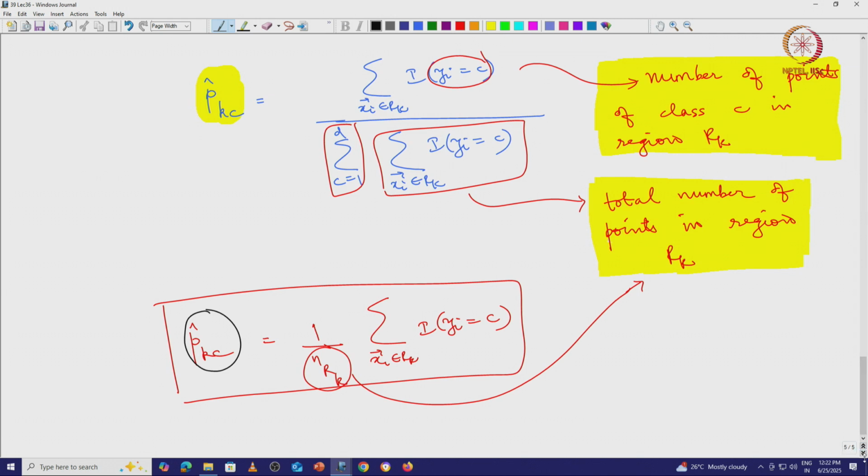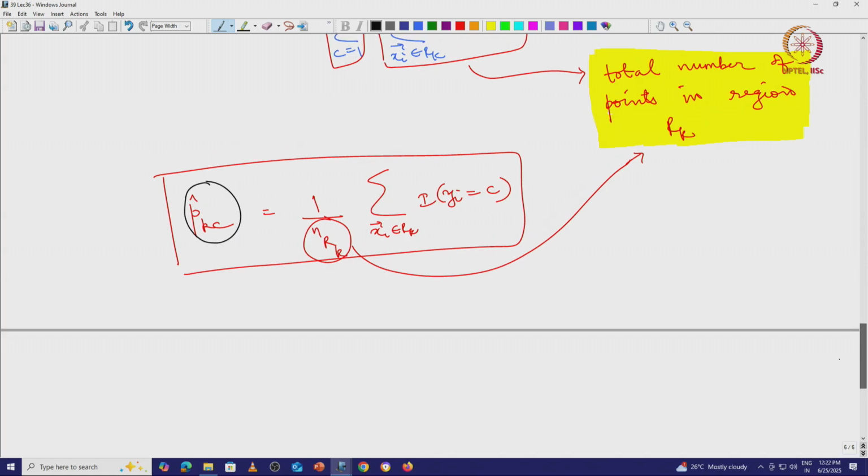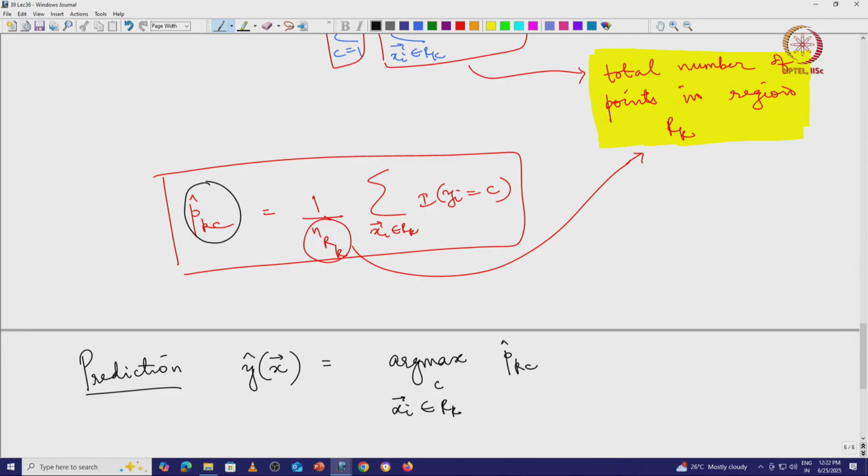Okay. So if you want to mathematically formally write this down, the prediction y hat, which is obviously a function of the features x, is essentially argmax over C, for all points belonging to region K, of p hat kc.